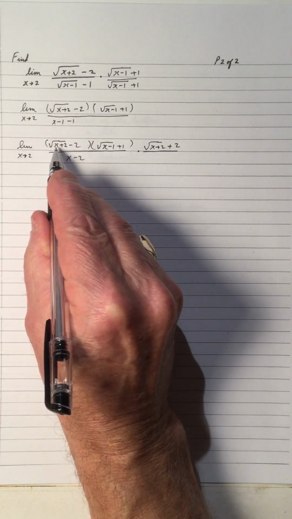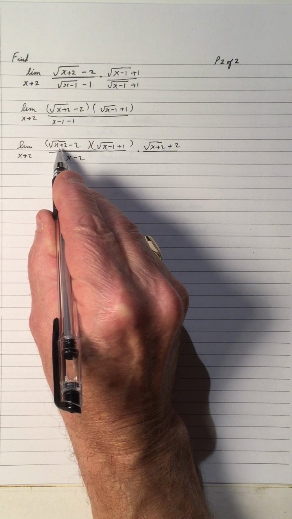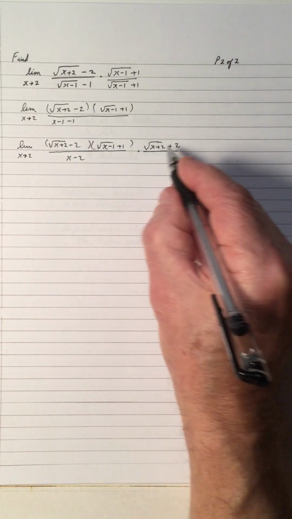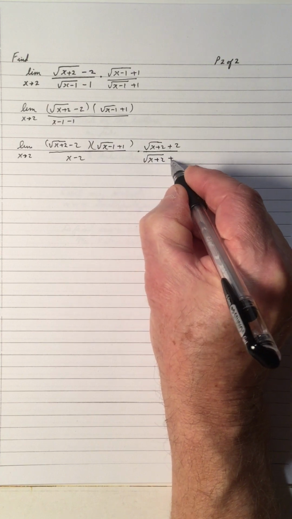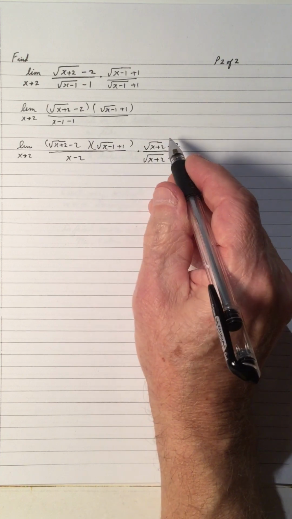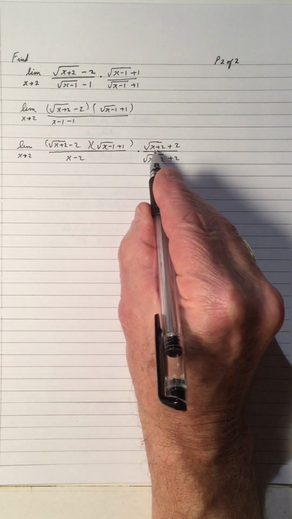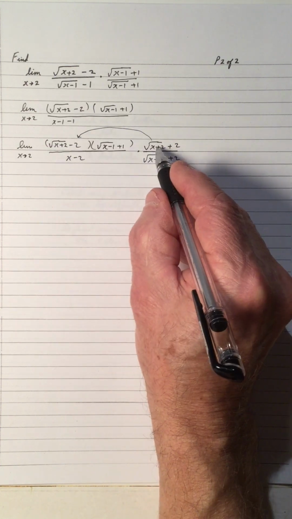So the conjugate of this expression here is the square root of x plus 2 plus 2. We change this sign to a plus, and we do that on top and bottom. If you multiply these two together, they're conjugates.